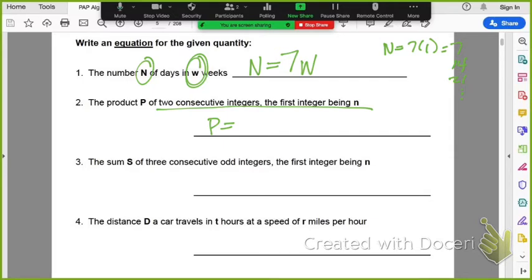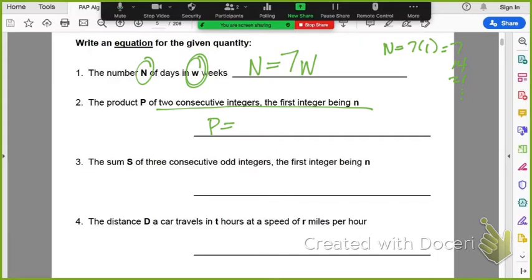Why did you put the 7 in front of the n instead of after it? Well, if I put it in front of the n, then that would mean 7 times the number of days in a week equals how many weeks that is.